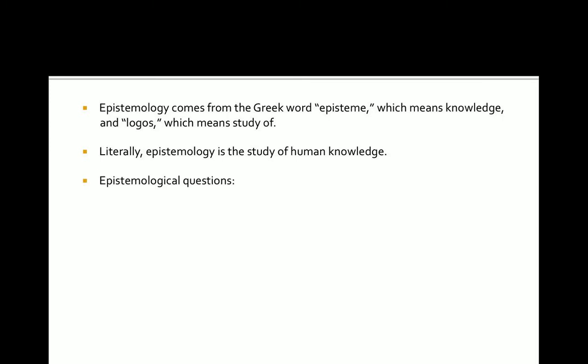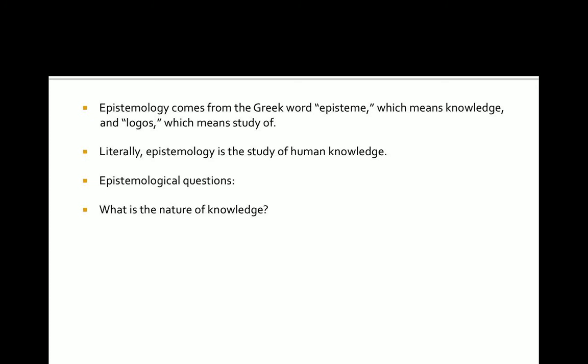Some typical epistemological questions one might ask and that various philosophers explore include questions such as, what is the nature of knowledge? That is to say, what does it mean to say that someone knows something or that someone doesn't know something?